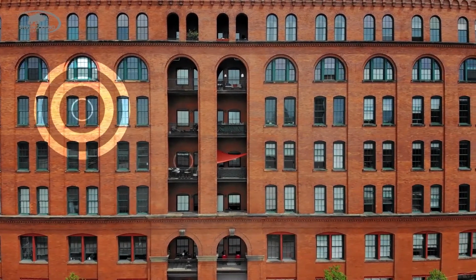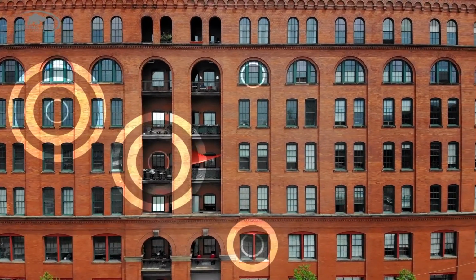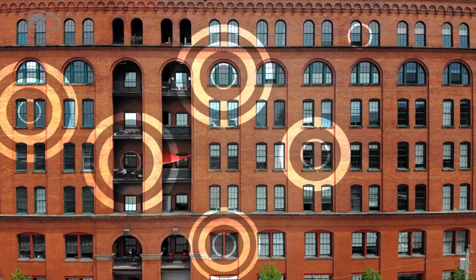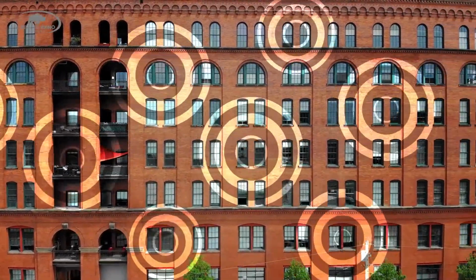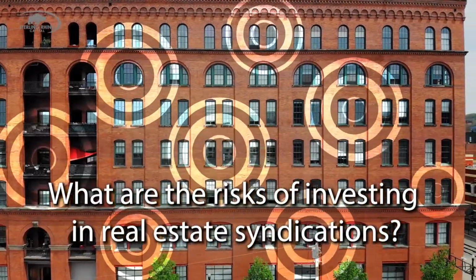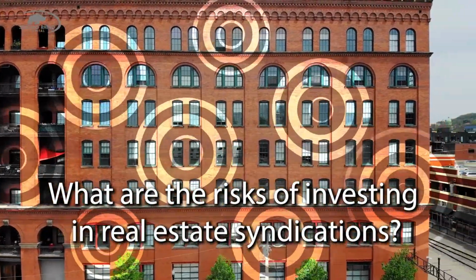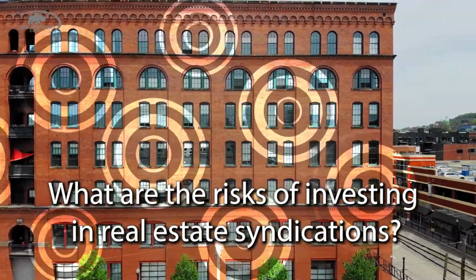A great example of a value-add multifamily deal is an apartment community whose units haven't been updated in 10 years. The kitchens are outdated, the carpets are worn, and the landscaping needs some work. By making those improvements, we can increase the rents, which increases the income of the property and thus the overall value.